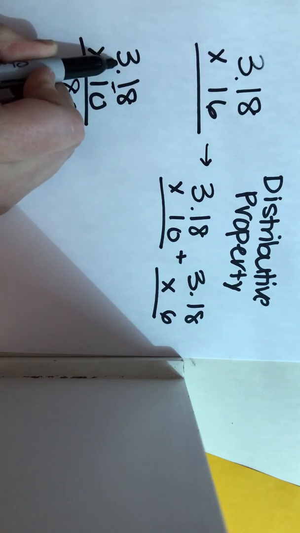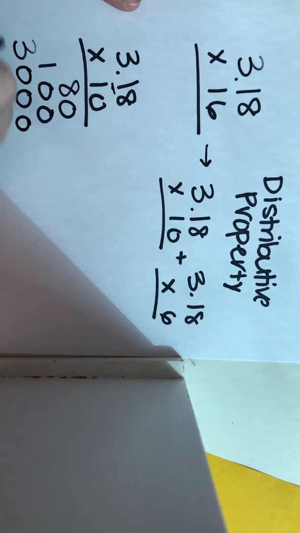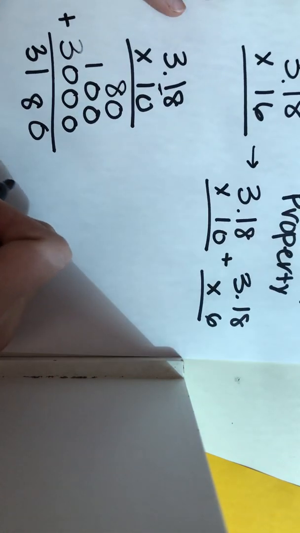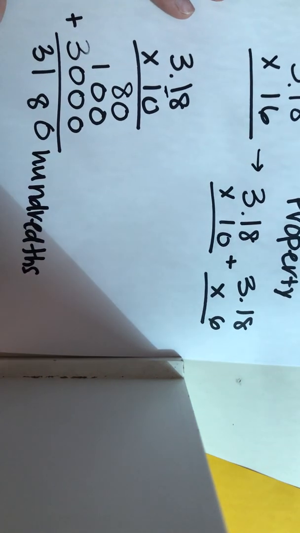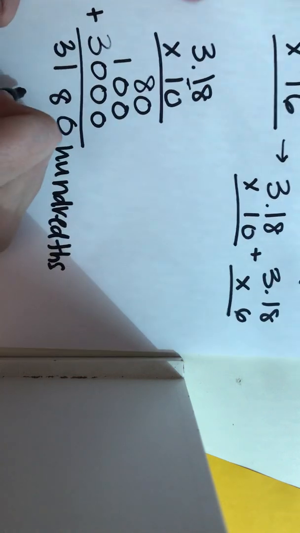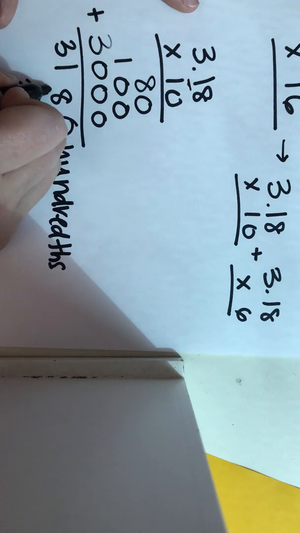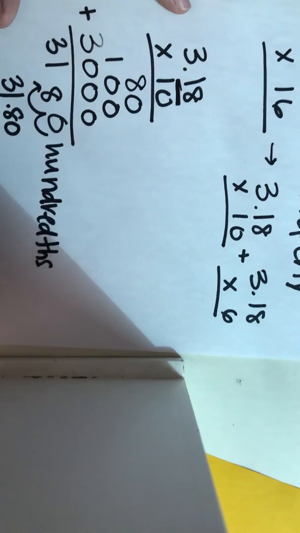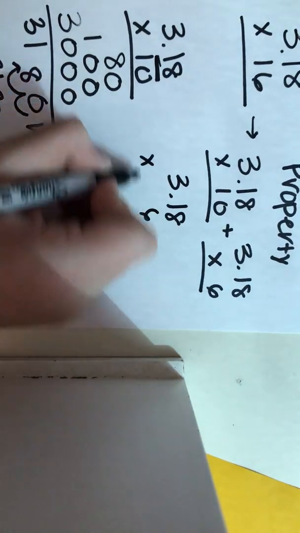So I would do 10 times 300, which would give me 3,000. And I would add that together to get 3,180 hundredths, which can also be written as a decimal like that, because I move it twice because of the 2 digits back there.